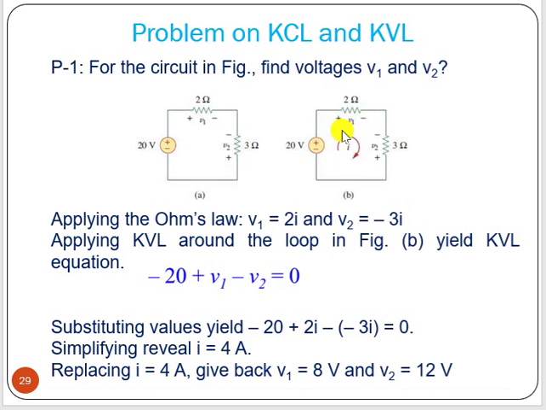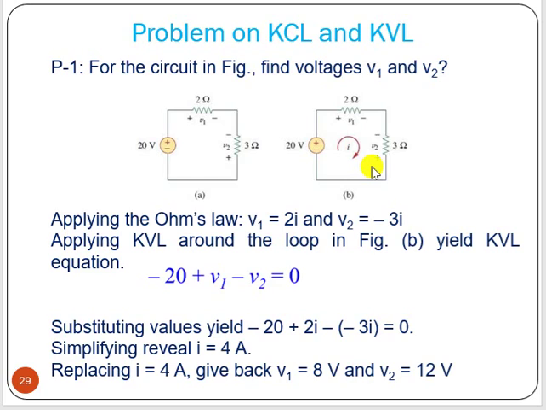Now writing KVL, what can we write? Minus, it encounters minus to plus, minus 20, then plus V1, then minus V2 equals 0, across the loop. Or else we can write voltage rise, drop, drop, plus minus drop, minus plus rise.